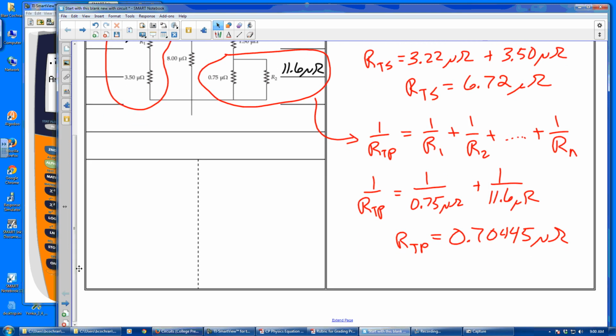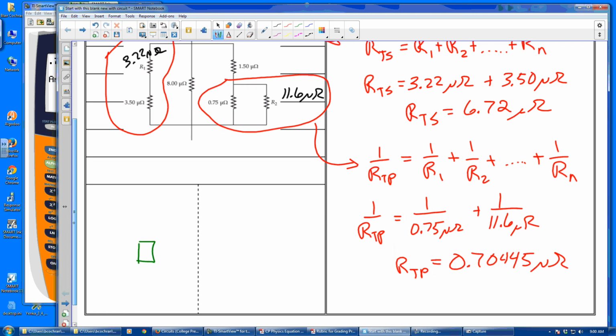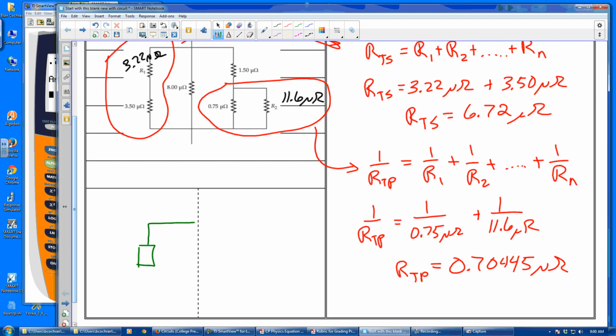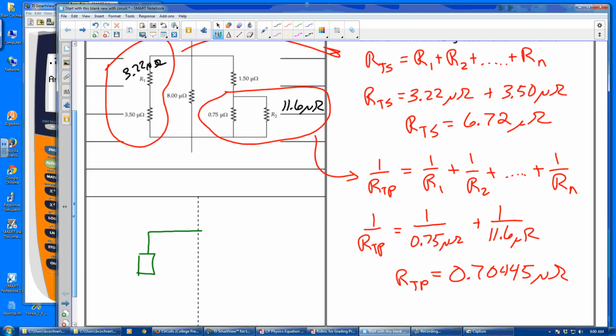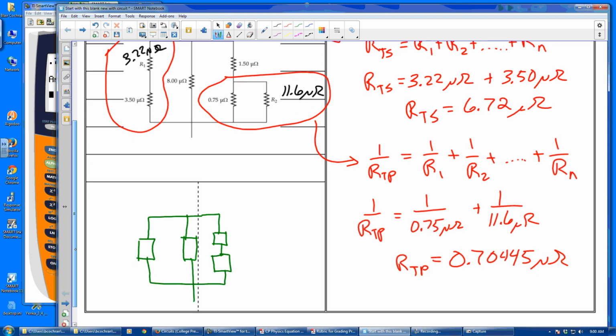I'm going to redraw my circuit. Read this time, so I have a resistor here. Up. Resistor there. Over to here. I have a resistor. Another resistor. So this is my circuit now.